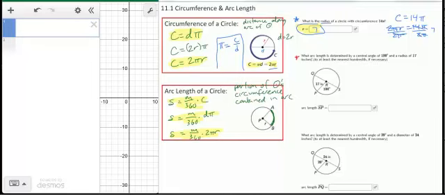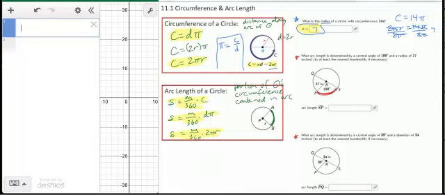All right, so see if you can calculate the arc lengths for these bottom two problems based on the information they provide and the formula from this set of three that you'll use for calculating arc length. If you're looking at this first problem, they want the arc length determined by a central angle of 100 degrees.